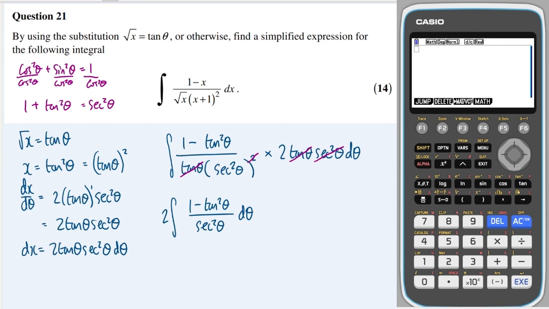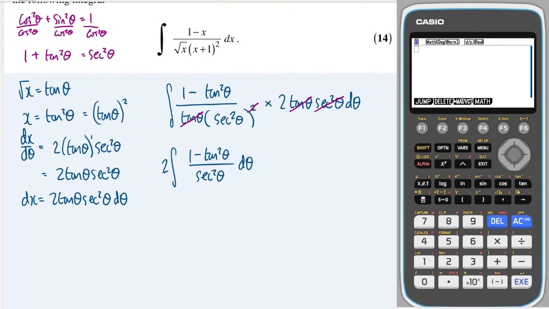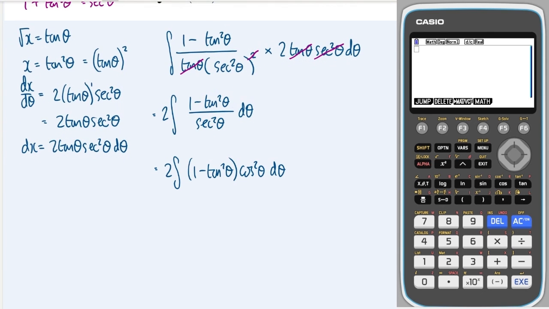and we can rewrite this as well, sec squared is 1 over cos squared, so if we've got a sec squared on the bottom, it's the same as having a cos squared on the top. So it's 1 minus tan squared theta cos squared theta, and then we can expand out to get a cos squared theta minus a tan squared times by a cos squared.